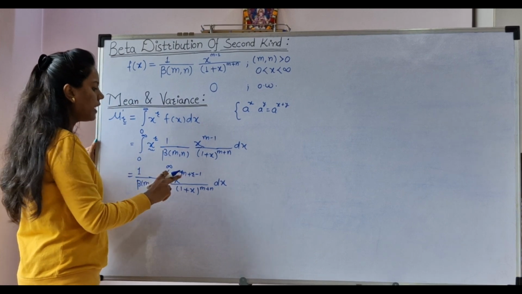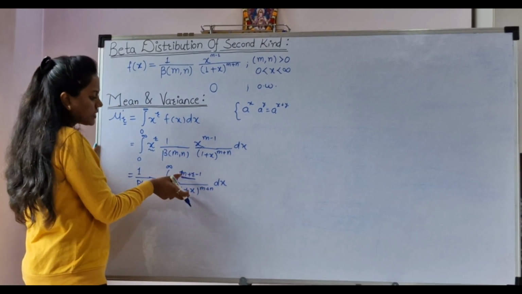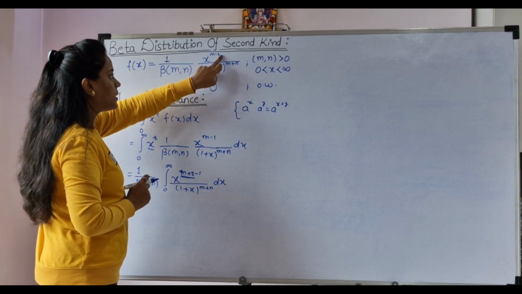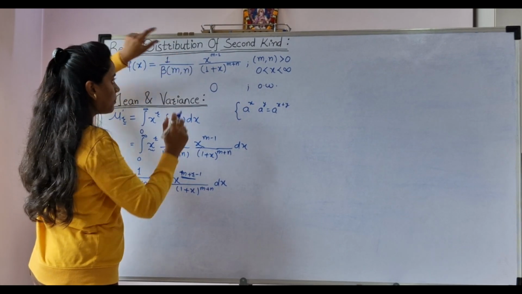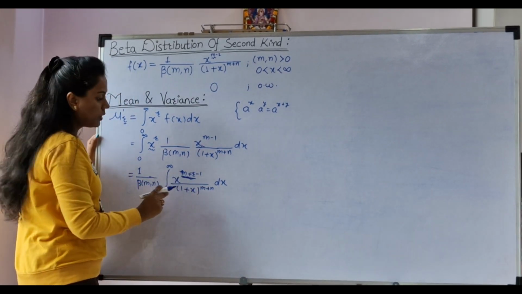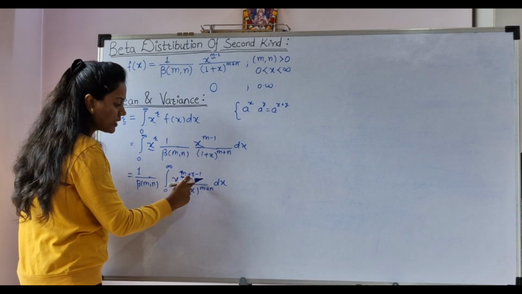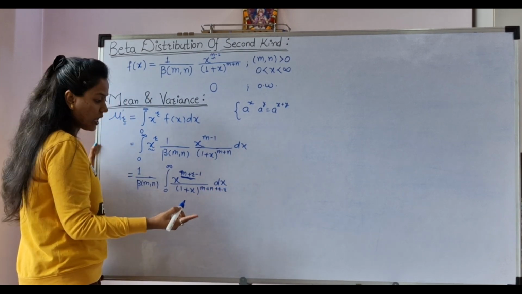Okay. Now in the numerator we have m plus r. Now let's compare these two terms. So here x to the power m minus 1 upon (1 plus x) to the power m plus n. So if we compare, instead of m, now what we have? M plus r. So in the denominator also we have to adjust the term plus r. And of course, if we are adding plus r, we have to subtract r, right?